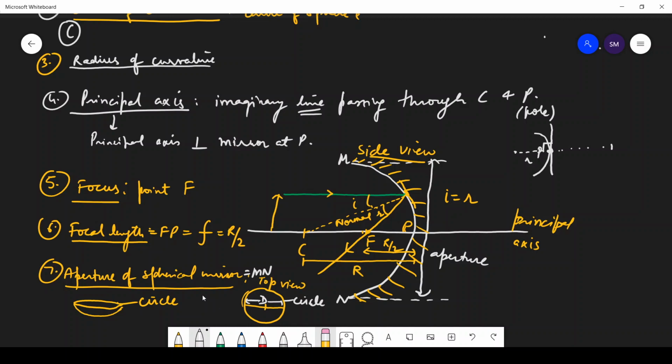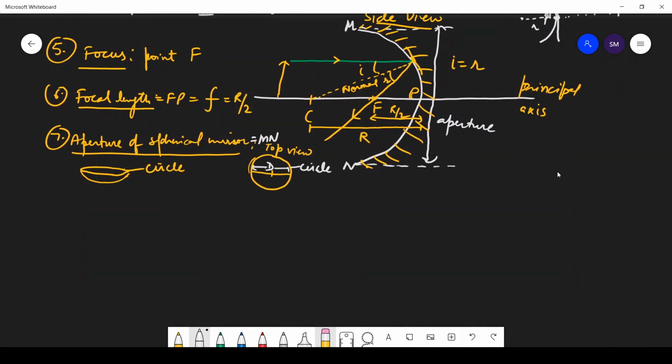Now another very important thing, students, is that when you draw ray diagrams, you always have some certain assumptions. You need to have these assumptions. So what are the assumptions? The first assumption is that the aperture is much smaller than the radius of curvature.